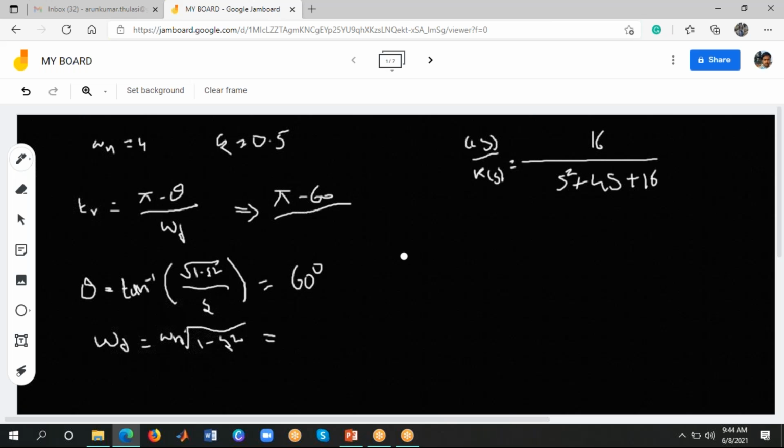Omega d is 4 into square root of 1 minus 0.5 squared. So you will get 3.46. So that is the omega d value.